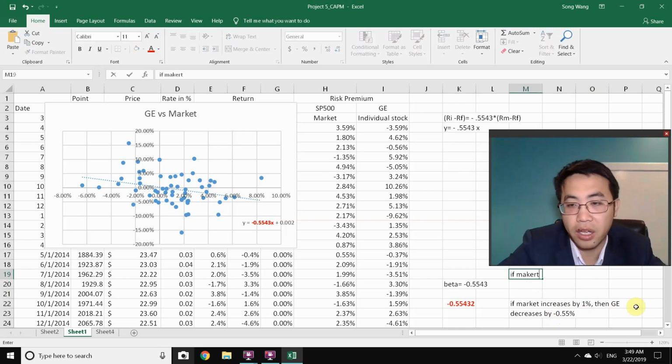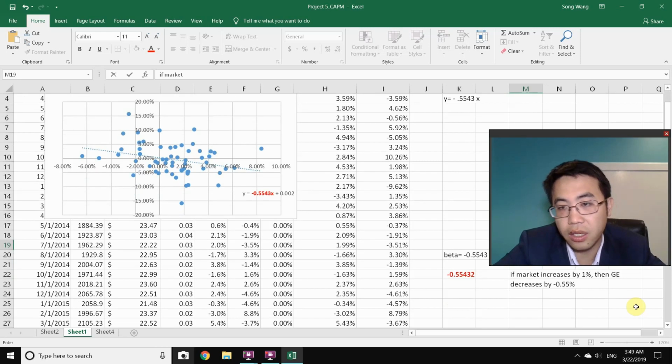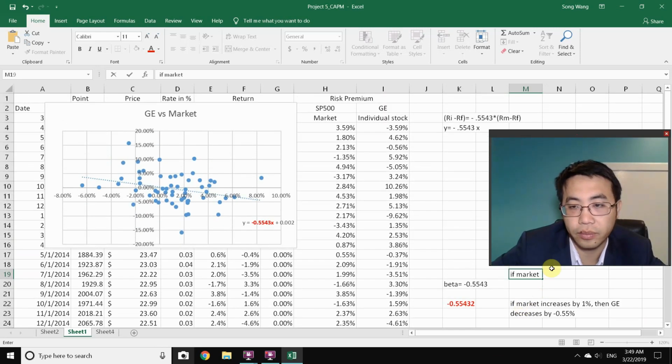So if the market decreases by, let's say, 1%, then what will happen to GE?